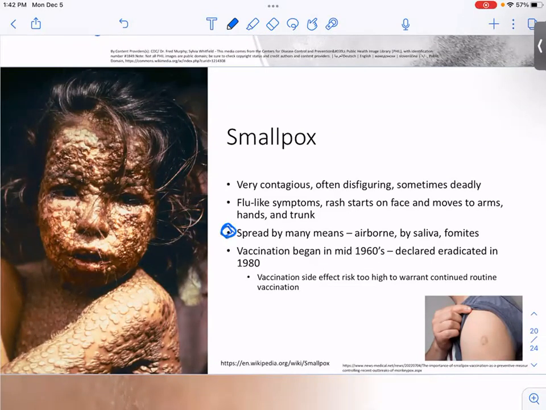It actually can be spread by many different means. Most often droplet spread by saliva. It has the potential to be airborne within short distances, but greater than 1 meter. It has potential to be spread by some fomite, maybe a blanket that was used on a sick patient, being used on another patient and getting them sick.